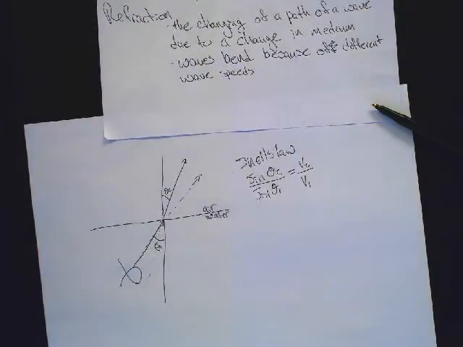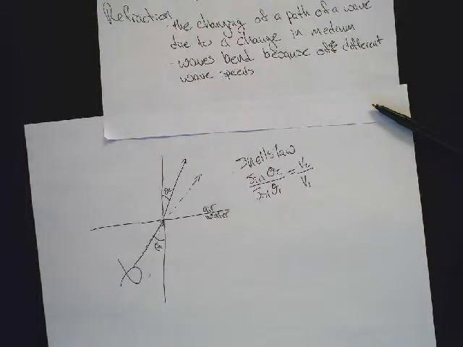Simple demo here. I've got a container of water that is filled to, hopefully, halfway. Close. I'm going to shine a light in at 55 degrees, and it shines out at 55.